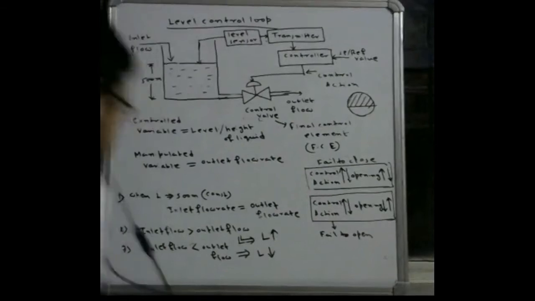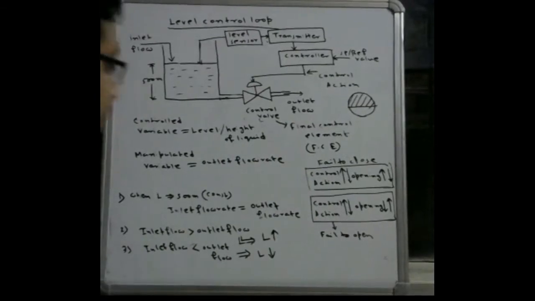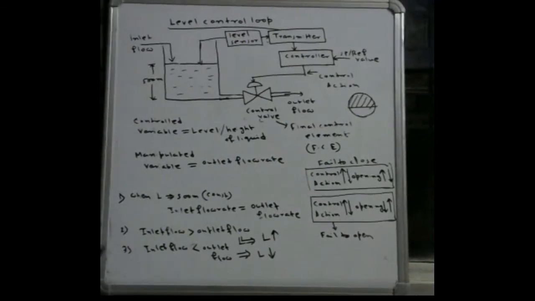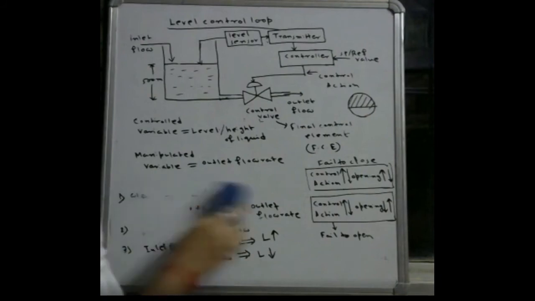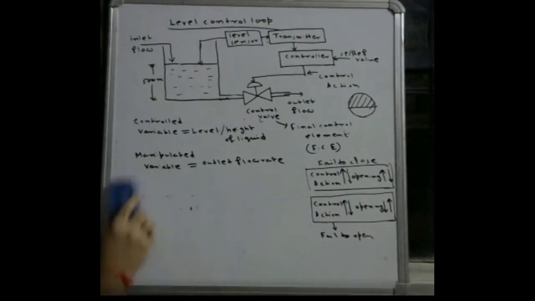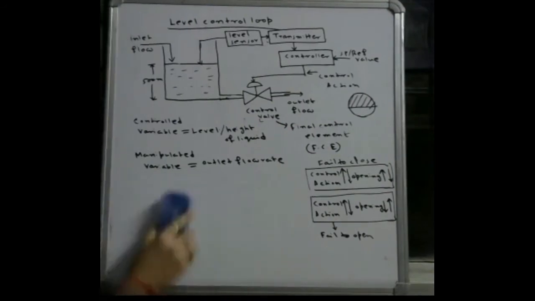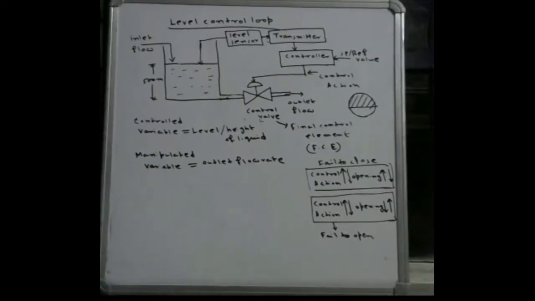Now, tell me which one is called the disturbance or the load variable. Disturbance is that cause for which the control variable will deviate or fluctuate from its desired value.